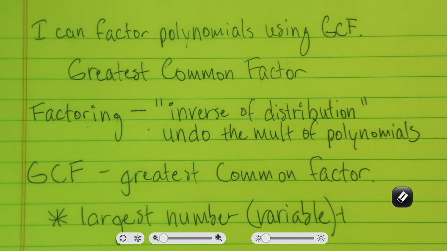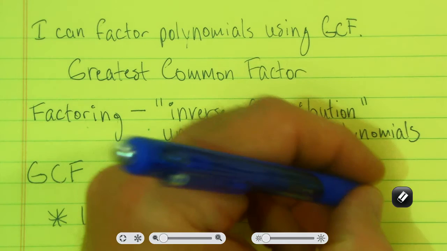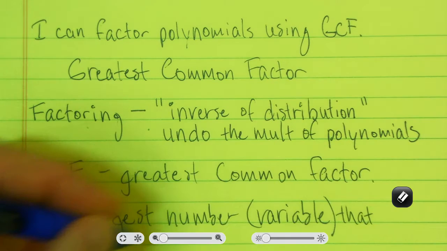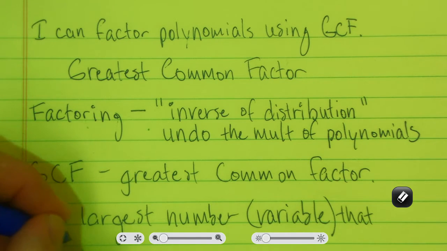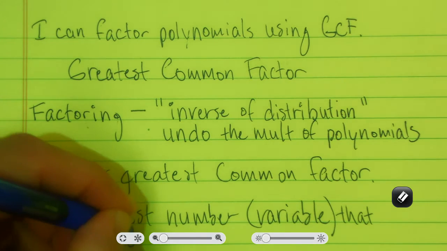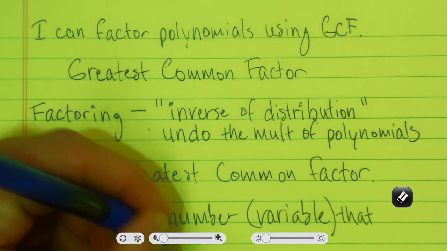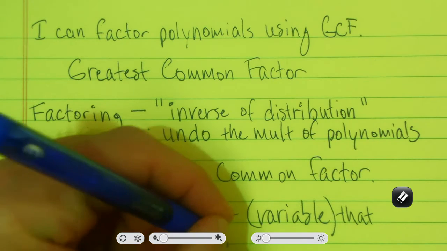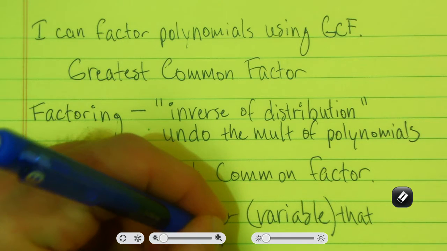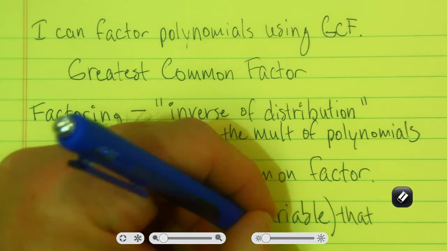So the greatest common factor is the largest number or variable that can divide evenly into all the terms.